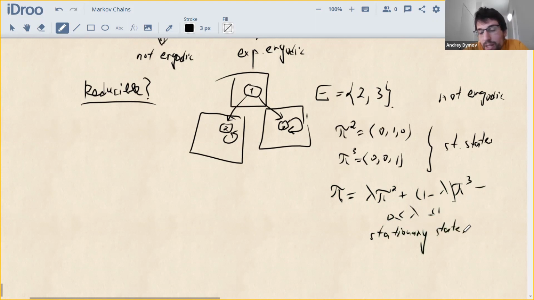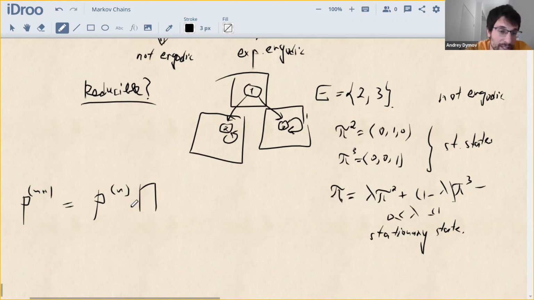This is because our dynamics is linear. What is nice actually, because what are we looking at in this whole course? We're looking at the dynamics of measures, right? Because these stationary states, these probability distributions, are in fact measures. The dynamics we have: this is the measure at step n, and to obtain the measure at step n+1, you multiply this measure at step n on the right by the matrix pi. But this is linear, right? You have some complicated process, but at the level of measures, the dynamics is linear.